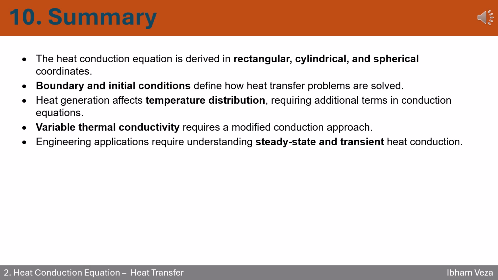You've seen how variable thermal conductivity complicates but doesn't overwhelm your analysis. And most importantly, you've connected it all to practical engineering problems, from steady state to transient systems. Keep this big picture in mind. It's the key to solving any heat conduction problem effectively and confidently.